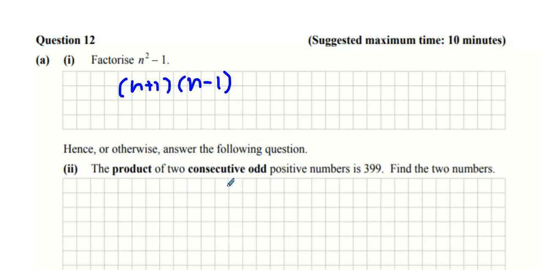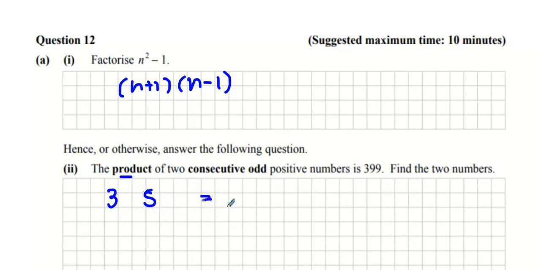Hence, or otherwise, answer the following questions. The product of 2 consecutive odd positive numbers is 399. Find the 2 numbers. Alright, well, there's 2 ways of doing this. I'm going to show you 2 ways of doing the same question. Consecutive odd numbers are like 3 and 5, and product means multiply them.